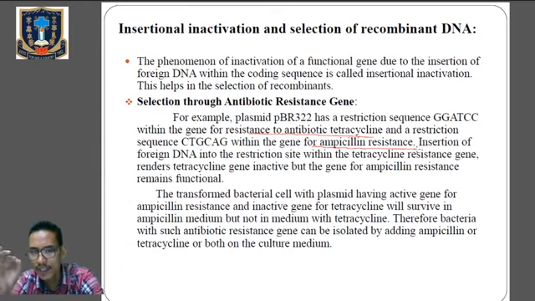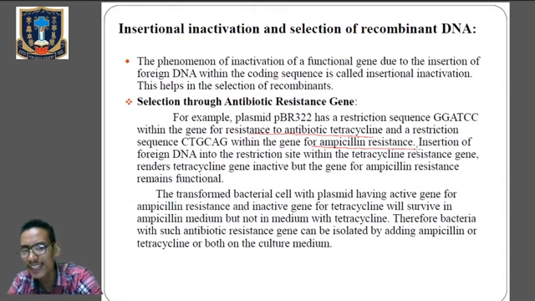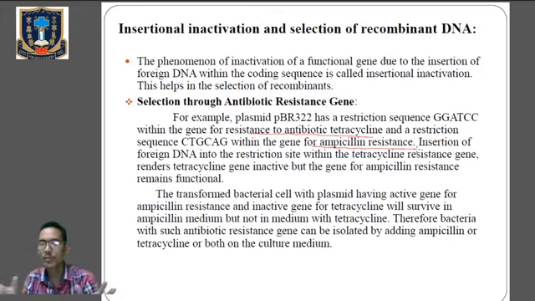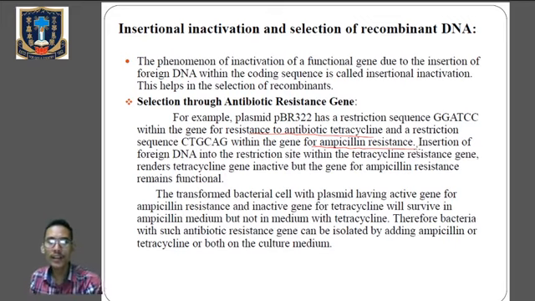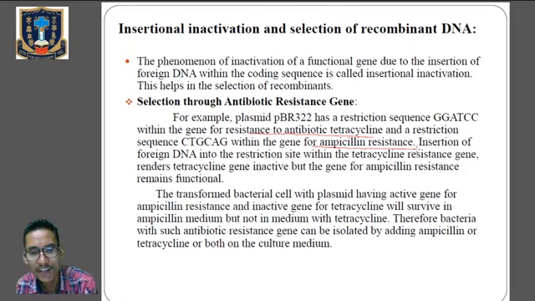Listen very carefully. Insertion of foreign DNA into the restriction site within the tetracycline resistance gene renders the tetracycline gene inactive, but the gene for ampicillin resistance will remain functional. So listen very carefully to what we are doing. A plasmid vector has resistance to both the antibiotics tetracycline and ampicillin. But now we are going for insertional inactivation.